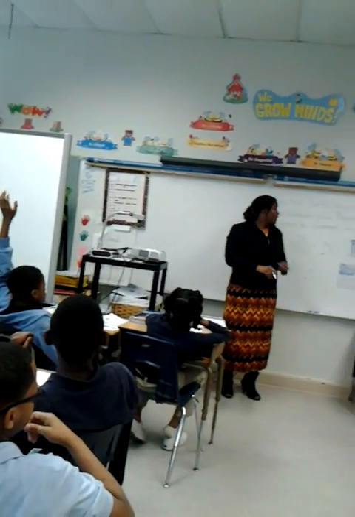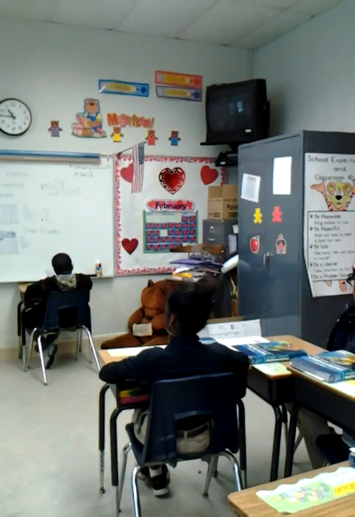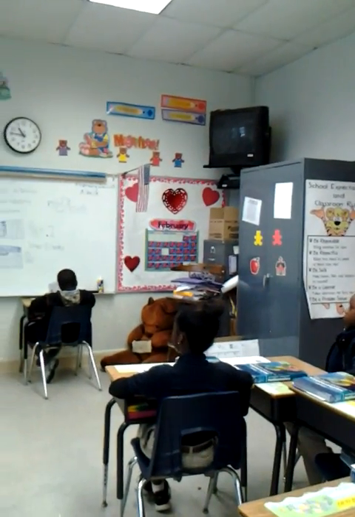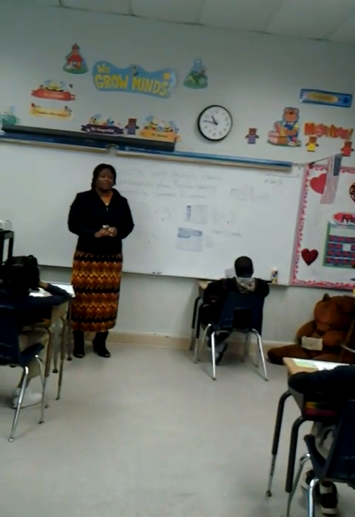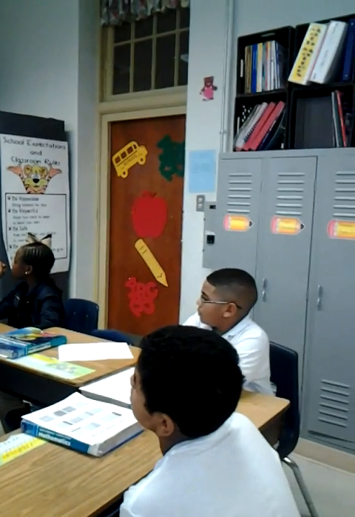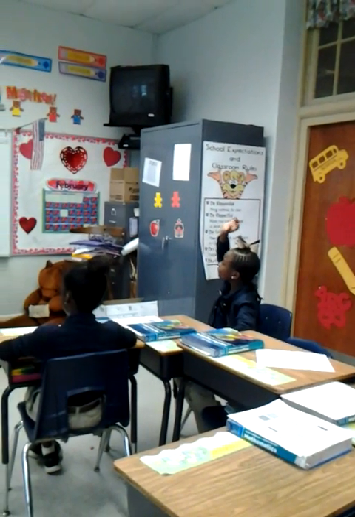Yeah. There are 35 over 100 seats sold. Can someone please give me the decimal part of this fraction? Shantaria. Decimal 35. Very good. 0.35.